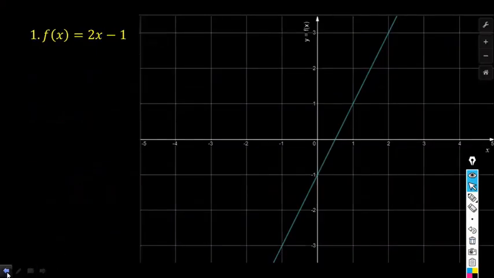Okay, so how are we going to get the range of a function? Okay, so we have this function f of x equals 2x minus 1. Don't look at the graph yet, just pay attention here. And as you know, we have already obtained the domain for this type of functions, if you did the homework, that is.